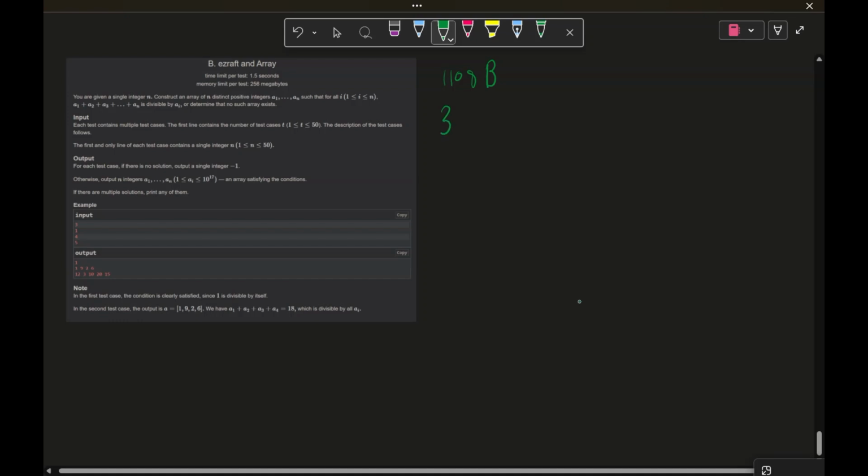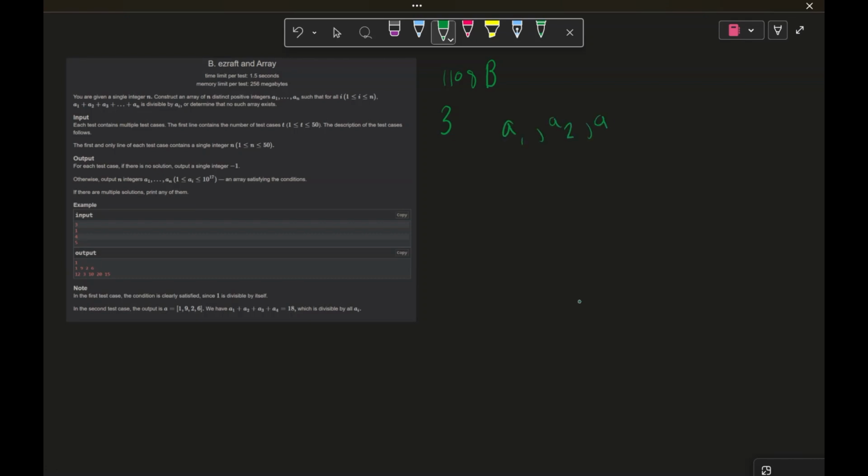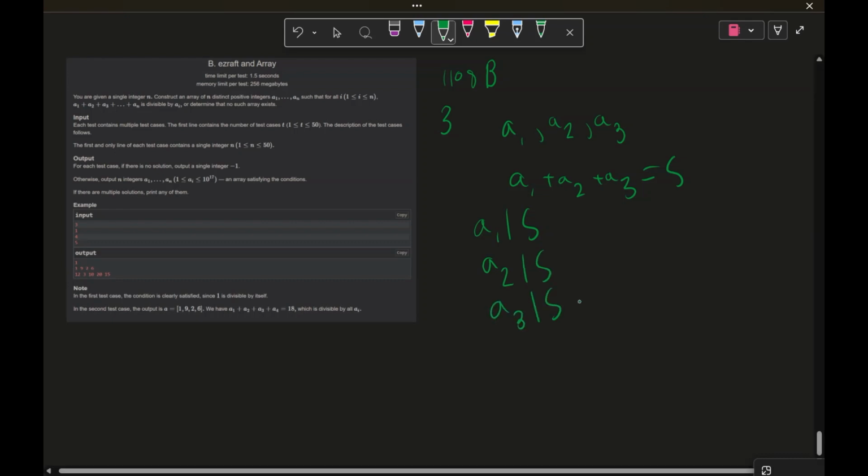we need to come up with three numbers, call them A1, A2, A3, such that the sum, let's call it S, equals A1 plus A2 plus A3. And we need A1 to divide S, A2 to divide S, and A3 to divide S. There are a few possible choices for this.